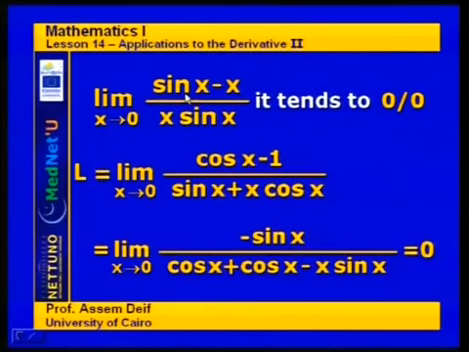It's simple. All you have to do is find some way or the other by which you can transform it into a form amenable to the application of the L'Hopital rule. Like, for example, in this example here it was infinity minus infinity. So you put it in a form in which both the numerator and the denominator tend to 0 over 0, and therefore you can apply L'Hopital's rule directly.